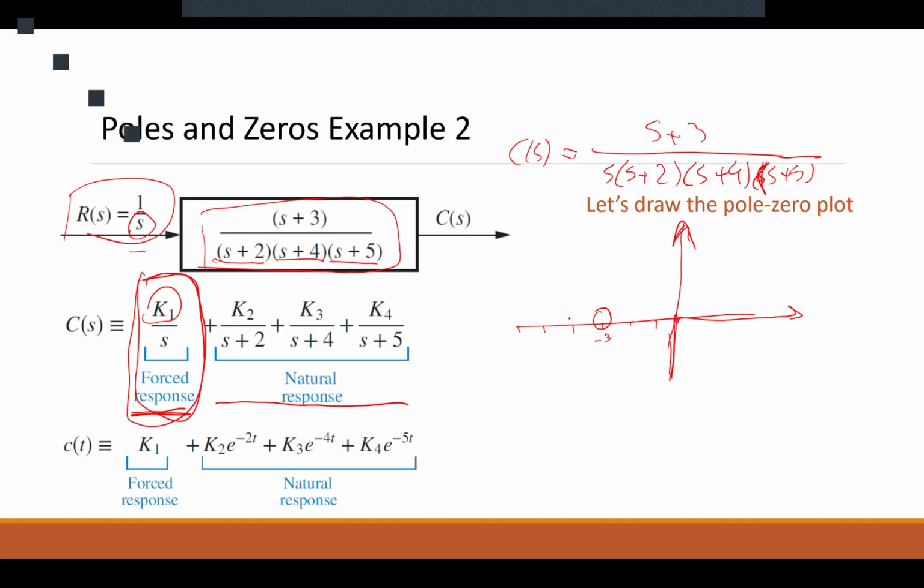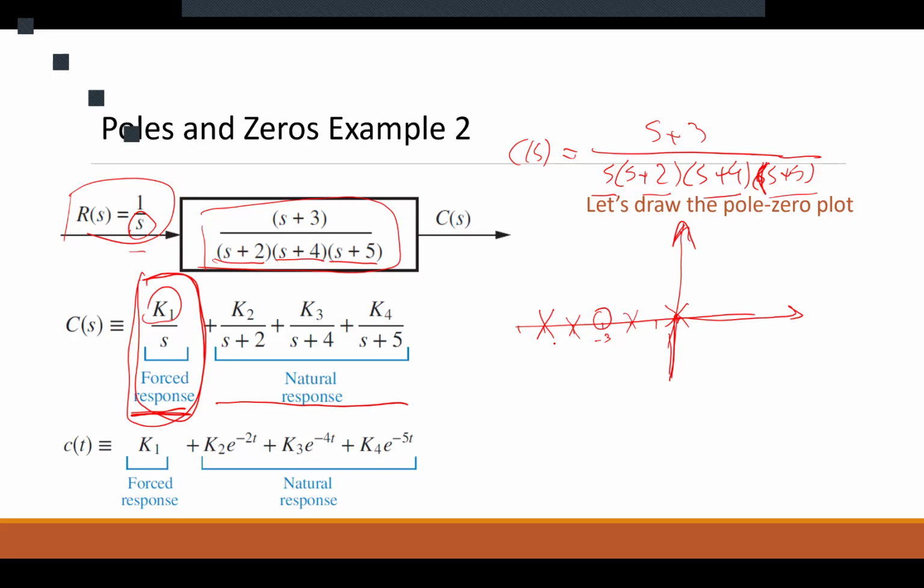And we have 4 poles here: one at 0, another one at minus 2, another one at minus 4, and another one at minus 5. Are we good?